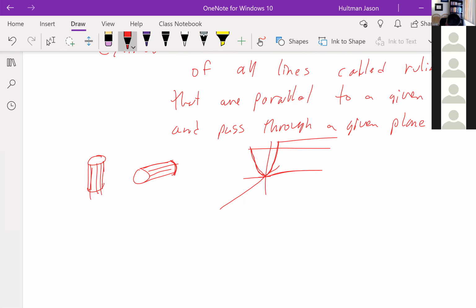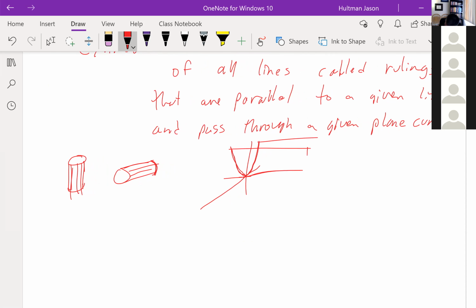And so we have all of these rulings. You can have a separate color on the inside, I suppose, to give it some contrast.